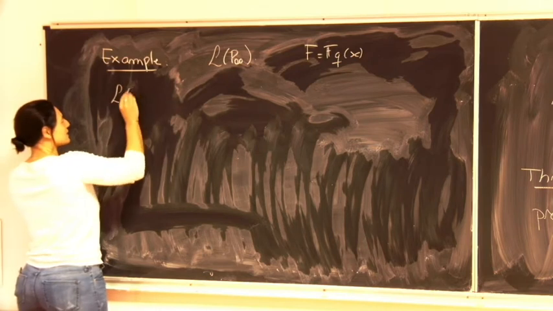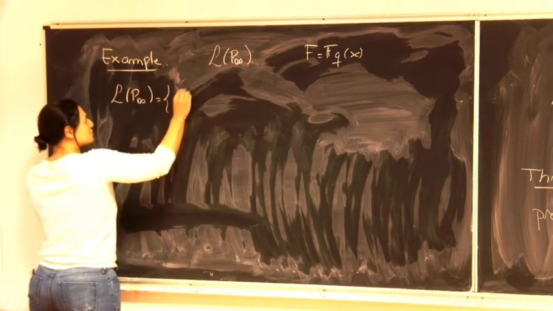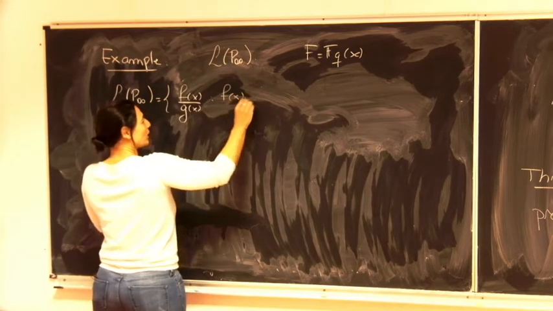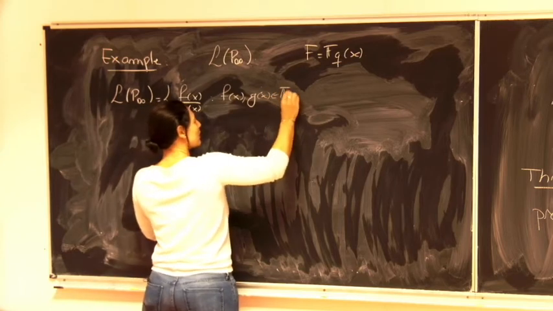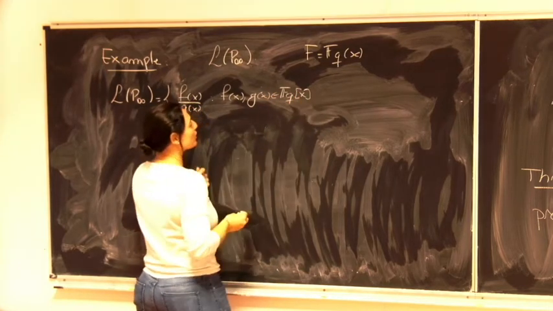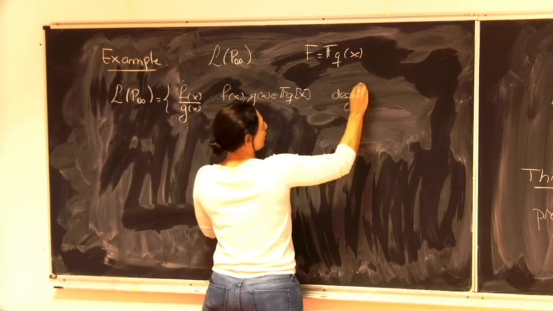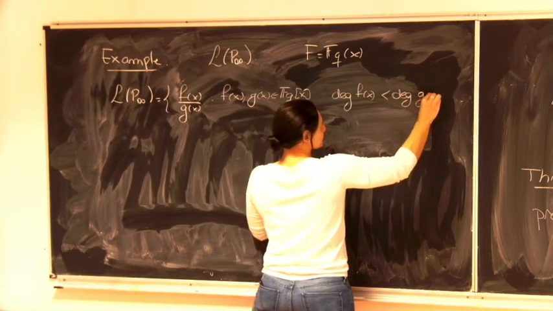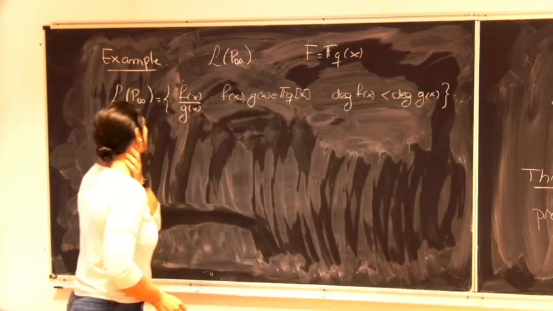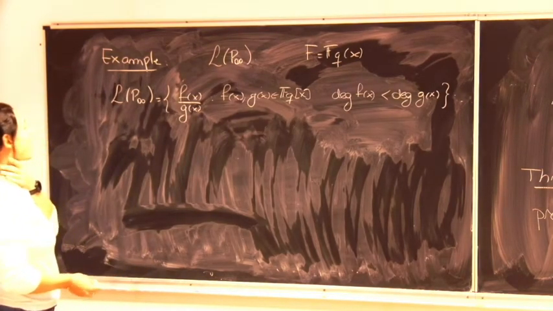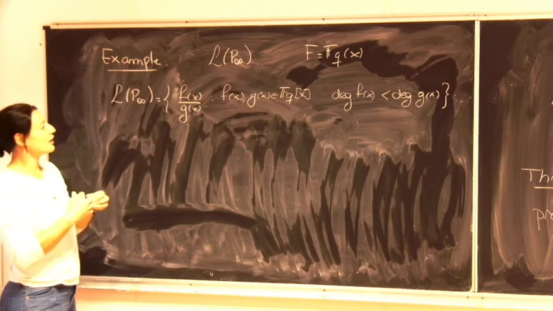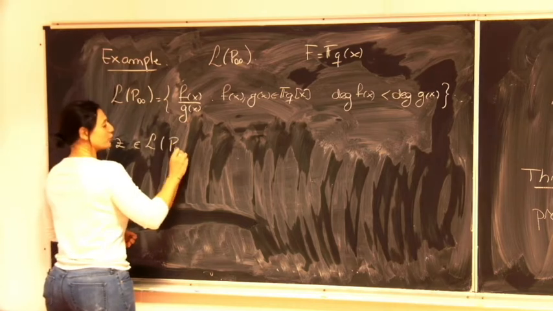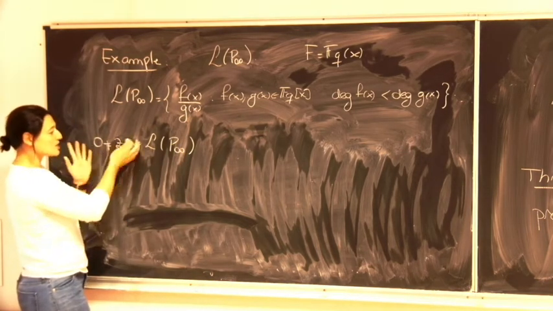And recall that, as I said today, this was the space of rational functions f over g where f and g were polynomials with coefficients in Fq such that the degree of f was less than the degree of g. So I want to see, if I have some non-zero element inside L of P infinity, what's the shape of this element?